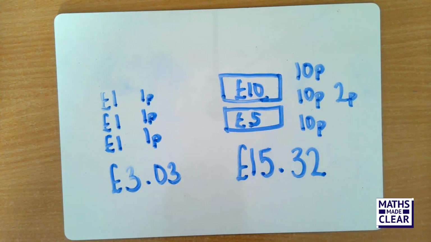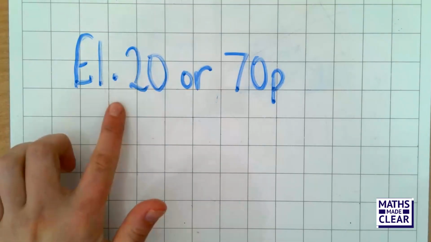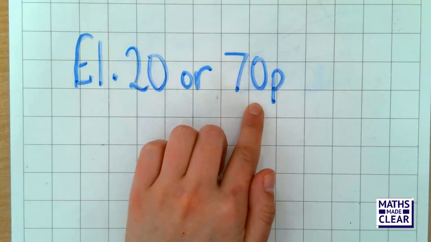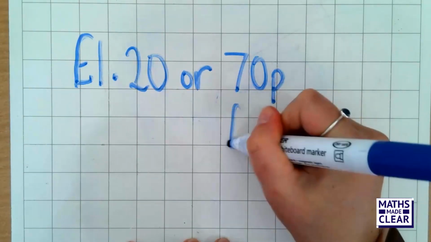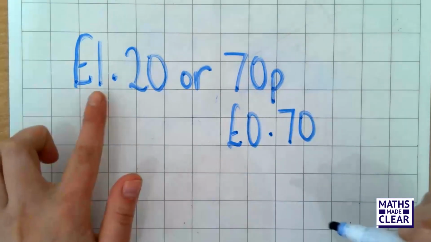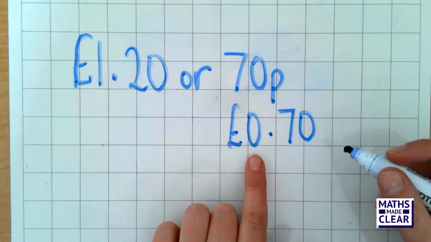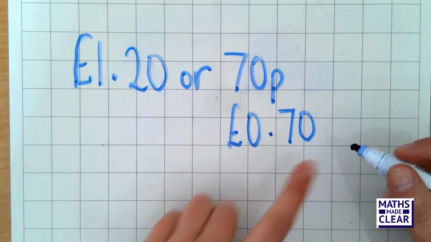Money is also a great way of introducing to children the size of decimals. So we could look at which is bigger, £1.20, written like this, or 70p. Here we can easily see that £1.20 is bigger than 70p because £1.20 starts with a 1, so we've got 1.20, and for 70p we start with a 0 before the decimal point. We've got 0.70.